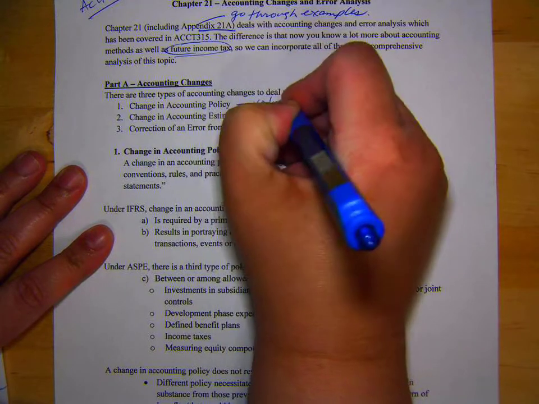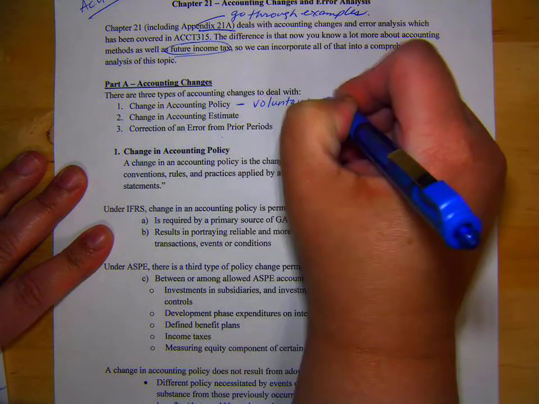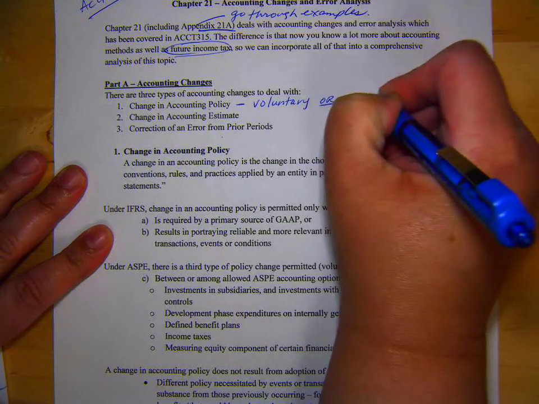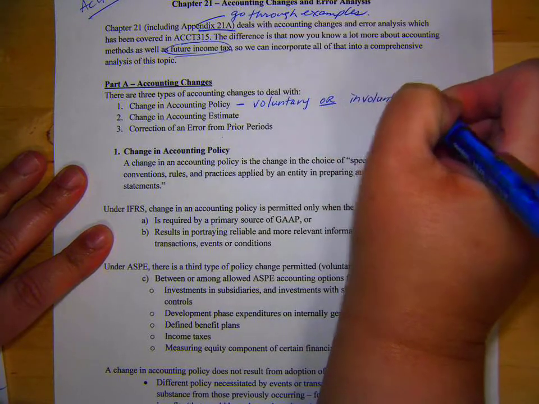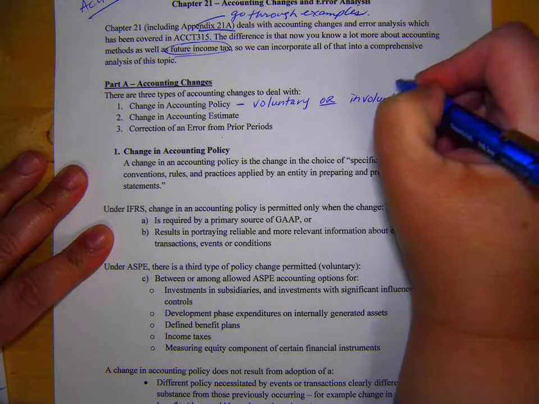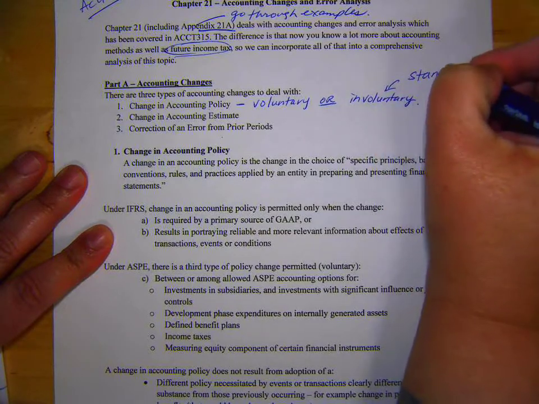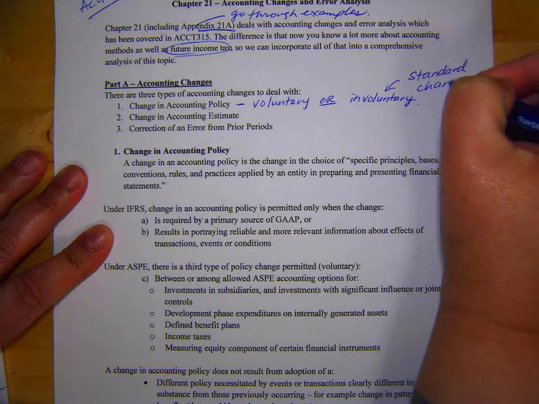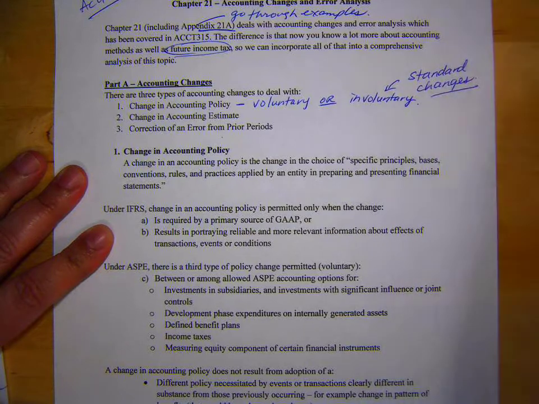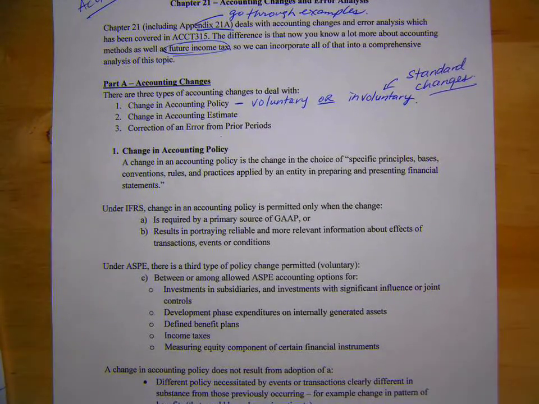Involuntary is when the standard changes usually. So, for example, with the new marking assets to fair value, the new standard came in, IFRS 9, and you had to change to it. That would be an example of an involuntary standard change.